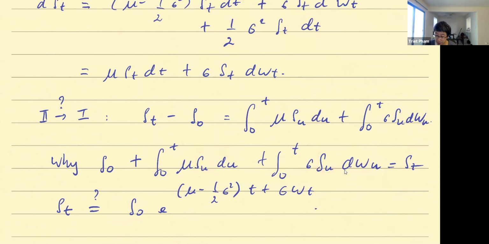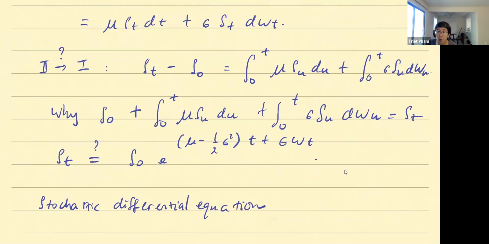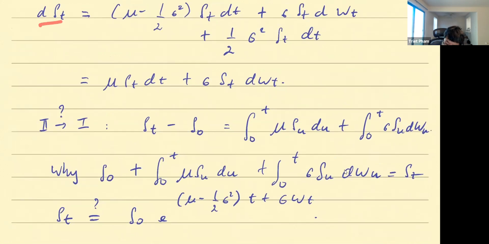But when we express something like this, it unfortunately doesn't have much meaning because the unknown object is still on one side. Okay, so the phenomenon we're observing is something called a stochastic differential equation, where we have the function showing up on both sides of the equation of the differential.